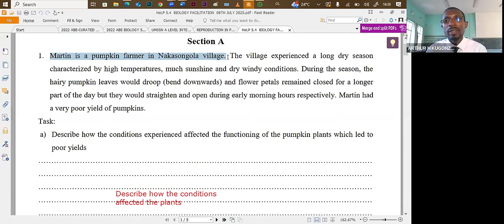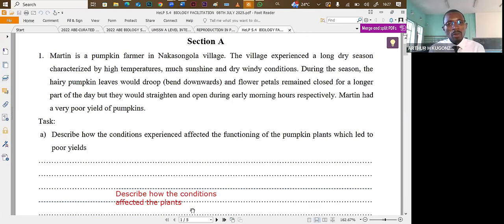Then I'll continue reading. They are saying that the village experienced a long, dry season characterized by high temperatures. Is there anything that I want? I'm looking for how the conditions experienced affected the plants.